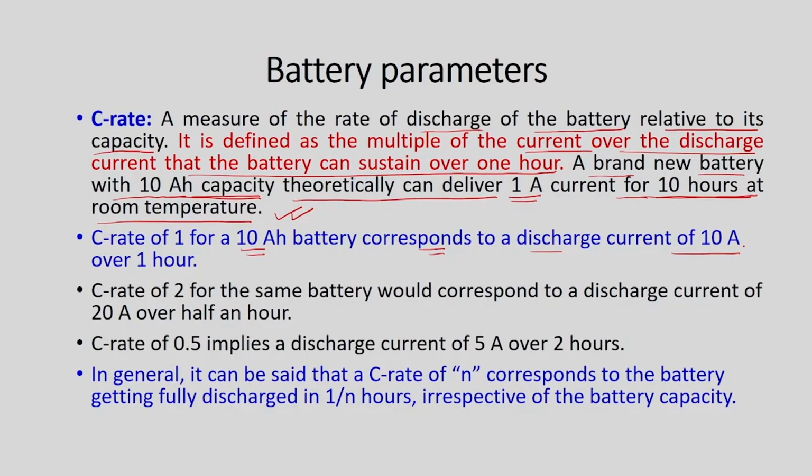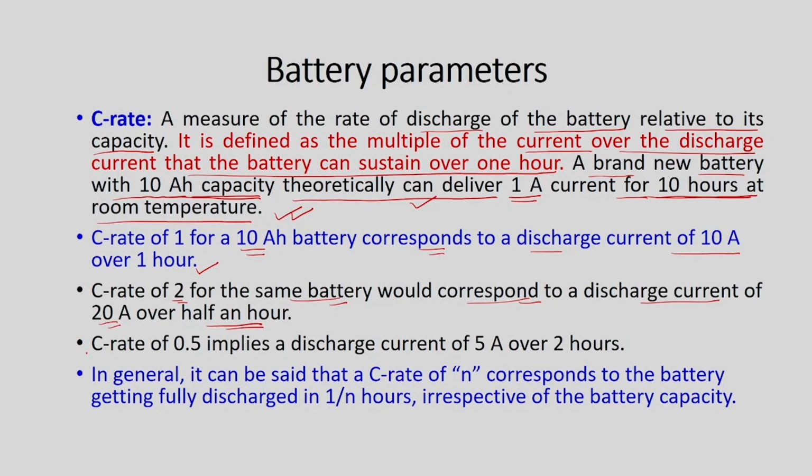For example, a C rate of 1 for a 10 ampere hour battery corresponds to a discharge current of 10 ampere over 1 hour. For the same battery in case 2, a C rate of 2 would correspond to a discharge current of 20 ampere over half an hour.